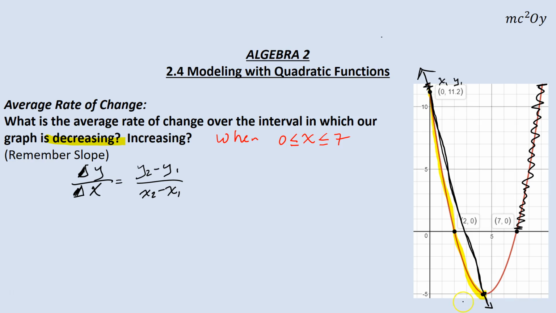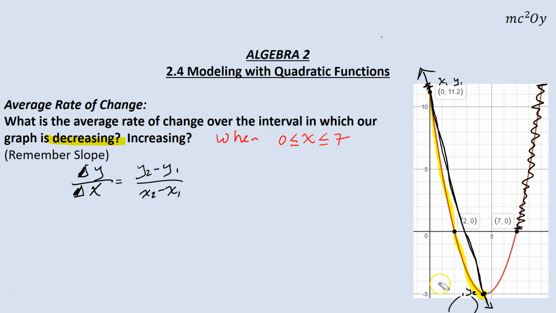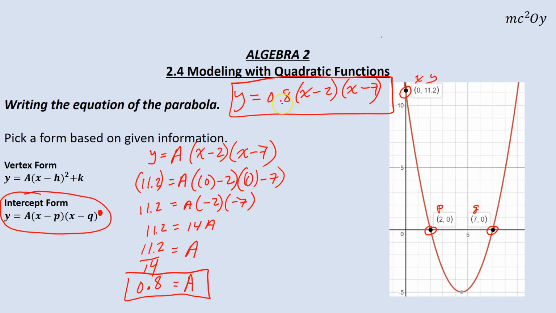If I say that's going to be my x2, y2, well, I don't have those yet. So I'd actually need to do a little calculating there. If you recall, our vertex is equal to the opposite of b over 2a. Well, that's great if you know standard form of this equation. So remember, we wrote the equation just a minute ago over here, 0.8 times x minus 2, x minus 7. So same graph.